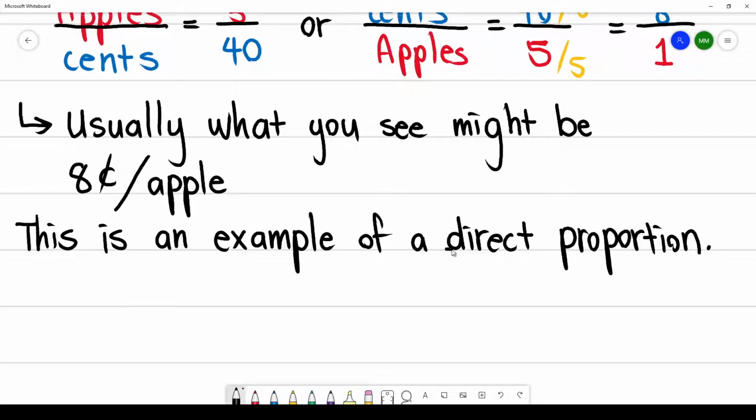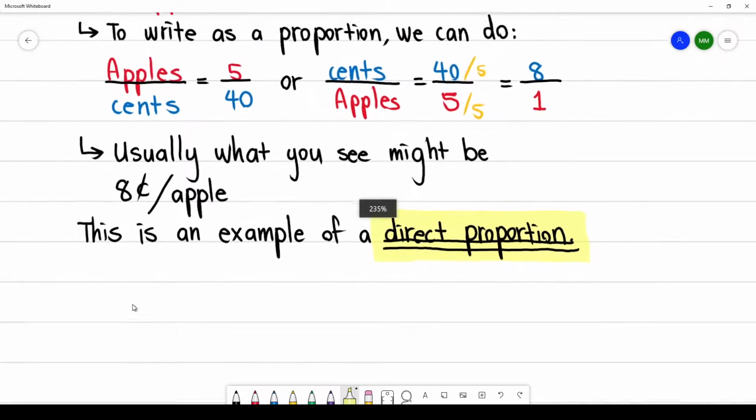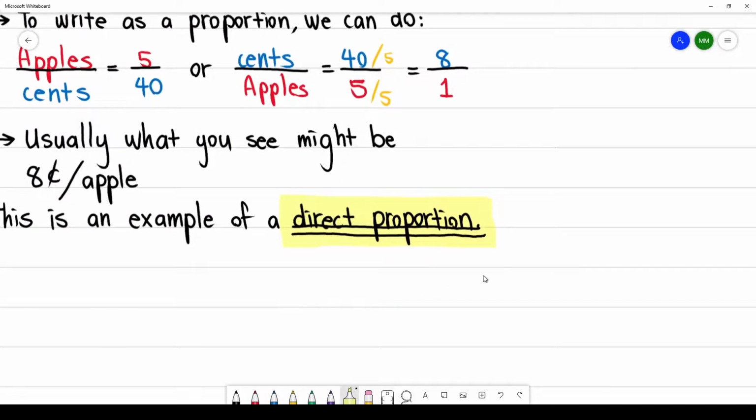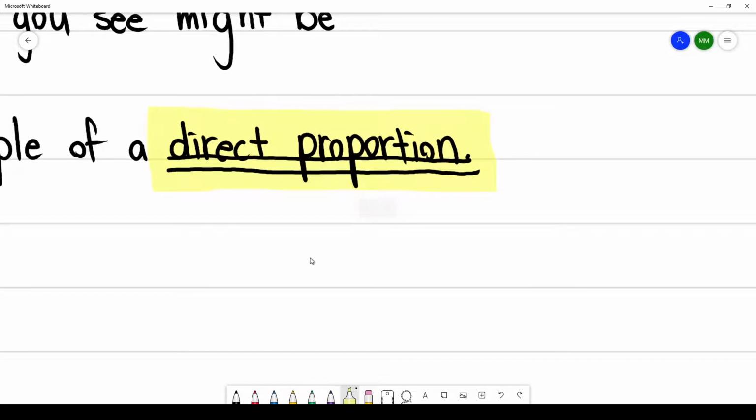I hope you guys remember it. You'll see this in math contests, or as you go into higher grades, you'll come across this very often. Even in high school, maybe even in grade 8, you will see direct proportion. Let's talk about some of its characteristics and properties.